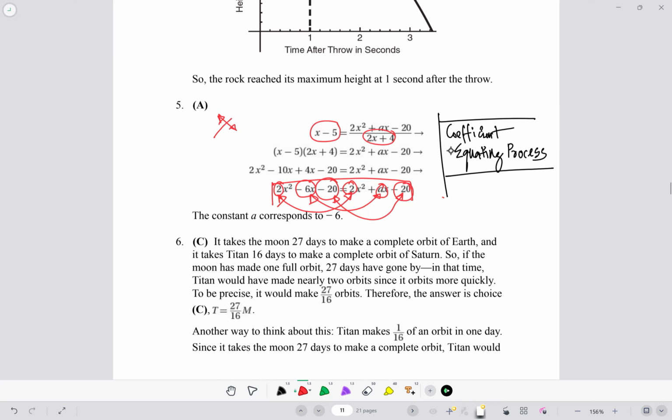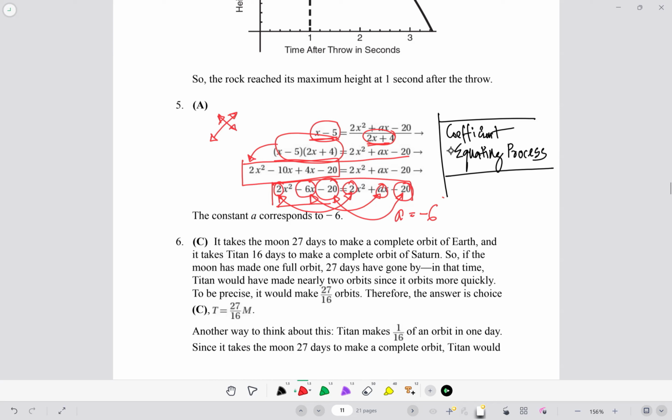After multiplying this with this, you get x minus 5 multiplied by 2x plus 4. If you multiply this, then you get this. And if you simplify it, you get this. And after doing the coefficient equating process, you can say that a equals -6.